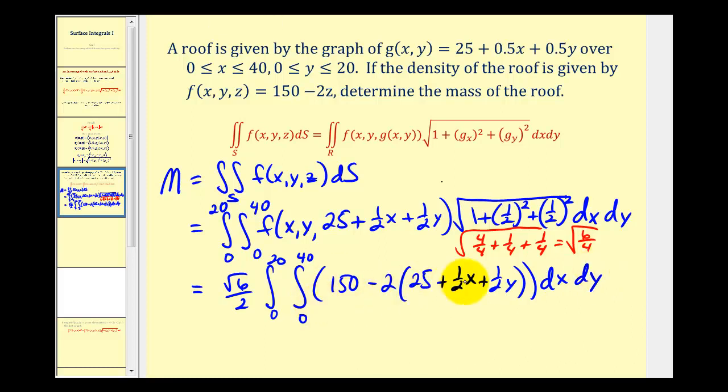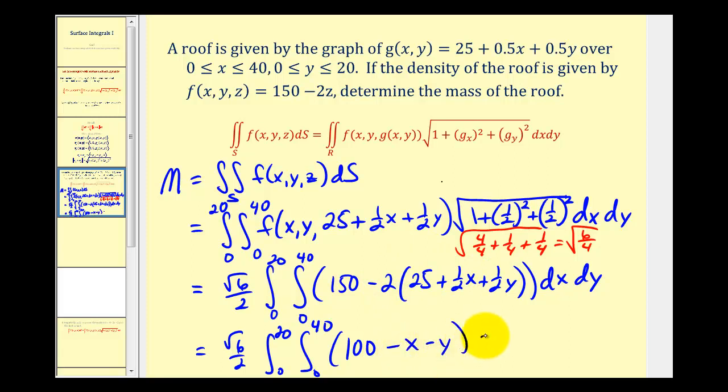Now let's go ahead and clear these parentheses here so we can think of distributing a negative 2. So we'll have 150 minus 50, that's 100. And then we'll have minus x minus y. Let's continue this on the next slide.